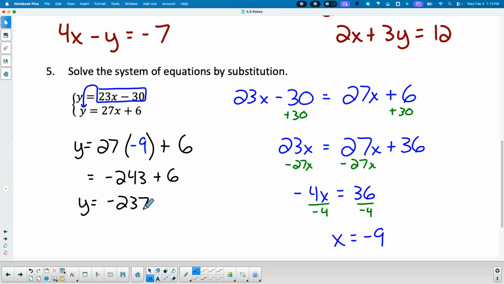Okay, so then the solution would be negative 207 minus 30 is negative 237. Yep. You get burned.